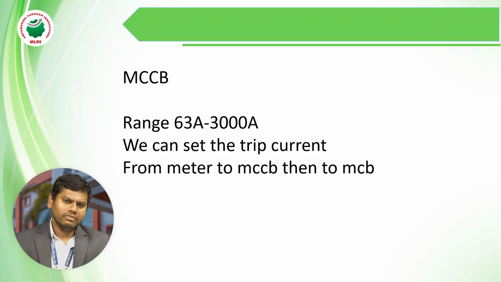Suppose we want to set the current range, how can we set that? We can set the trip current from the current board meter to MCCB, then to MCB. MCB is nothing but miniature circuit breaker. So this is about MCCB.